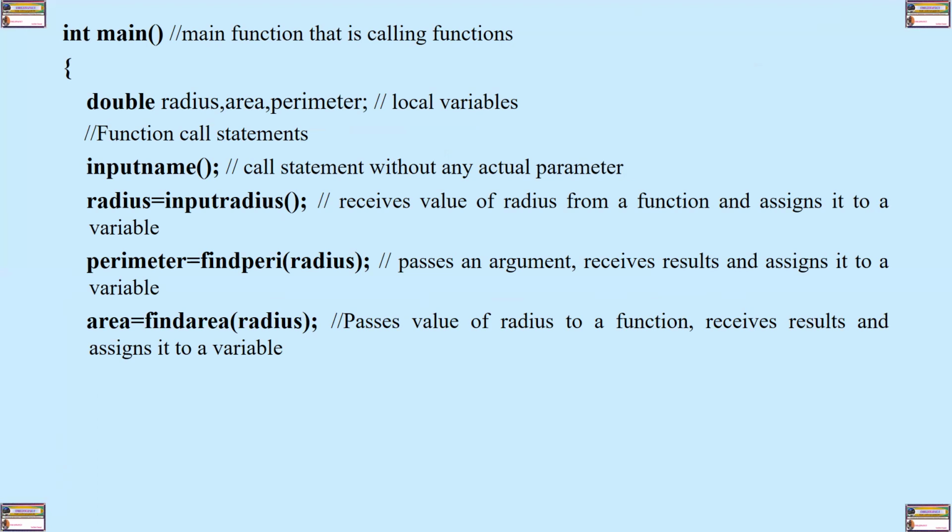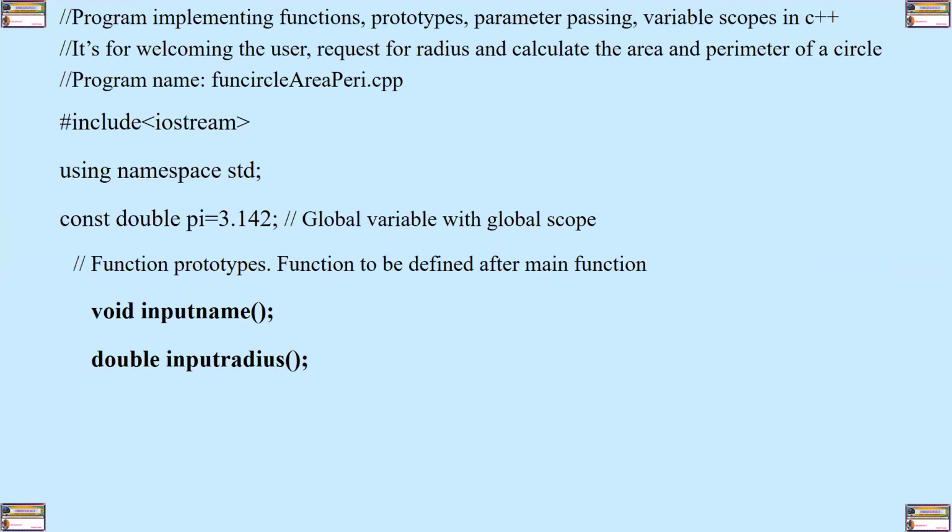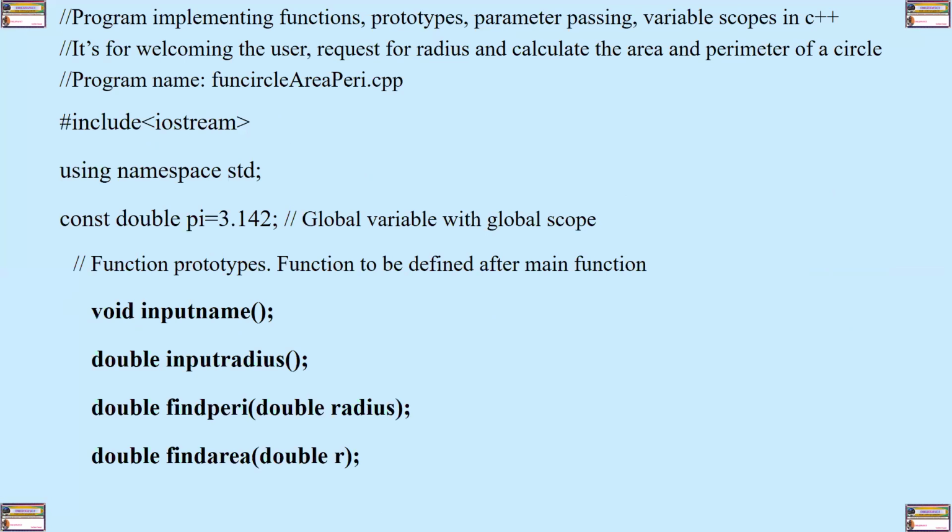It will invoke the function called find area, and it's going to pick the value in memory location called radius and pass it to the function called find area. By virtue of the assignment operator here, the compiler will be aware that the function called find area is expected to return a value. So it will go and look for the prototype. So this is the prototype of finding area. You see, the function is there.